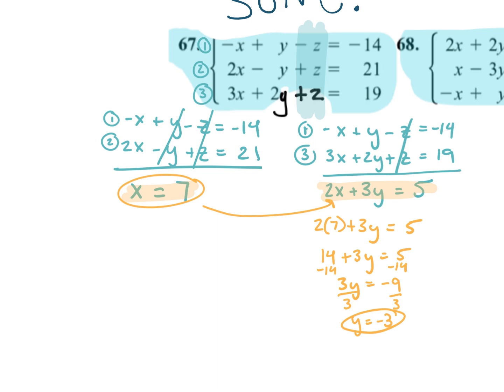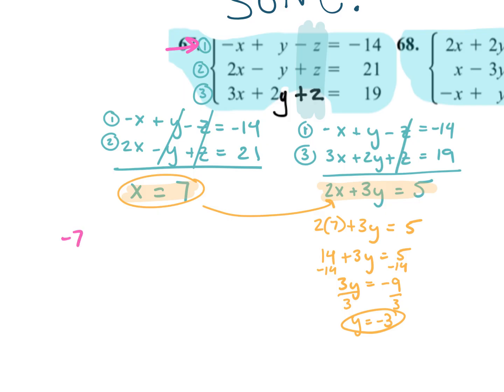Which equation? We got lots of equations here. Sure. We can plug it into the first one. You can plug it into any of the 3 original equations. I think the first one's a great choice because the numbers are smaller. But the numbers aren't very big in any one of these, so you can plug it into any one. You'll get the same answer for z. It doesn't matter which one you plug it into. Just make sure you do the math right.